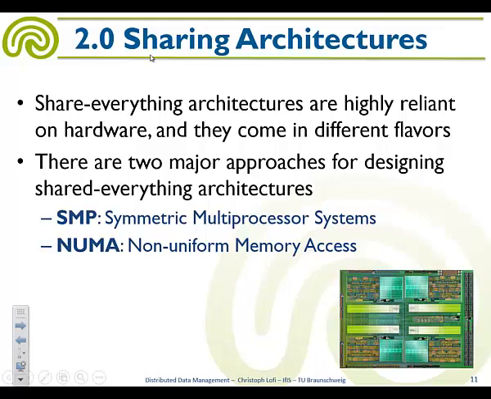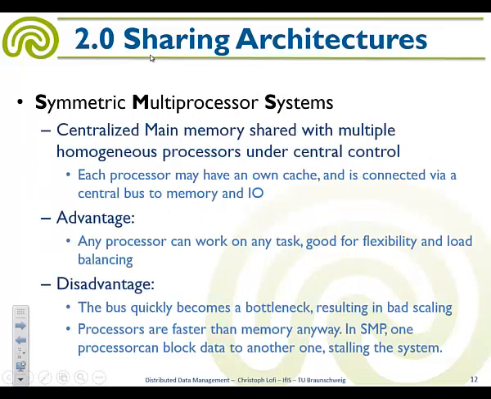So for example, Intel opted more for something like symmetric multiprocessor systems, while AMD put a lot of emphasis on non-uniform memory access systems. So what does that mean? And what does that mean for us?